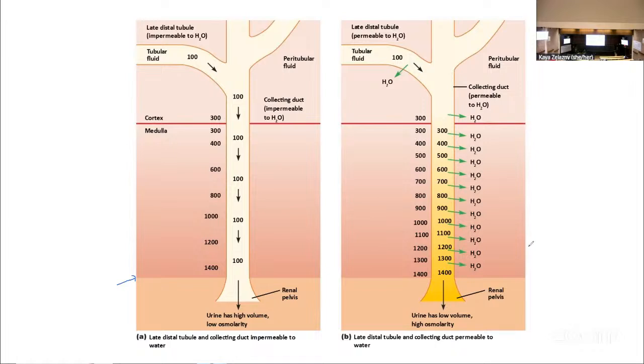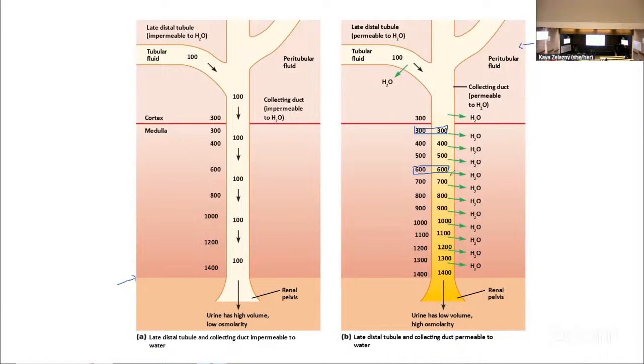And here we have a picture of what happens when we do have ADH. Right, so when we do have ADH, water can leave the tubule, can leave the collecting duct. So you can see that as you go down the length, we're basically matching up osmolarity as we go down, right? So the osmolarity of your urine comes to equilibrium with the osmolarity of that part of the kidney that you're passing through.